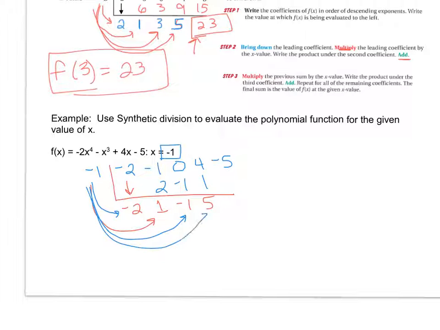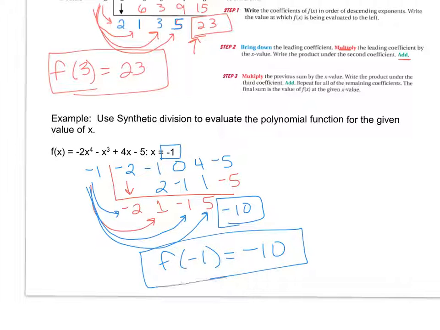We're going to multiply. And we're going to add down. So this is our solution. So f of negative 1 is equal to negative 10. You can also plug in your calculator to see, but whenever it says synthetic division, you need to show this work to get full points.